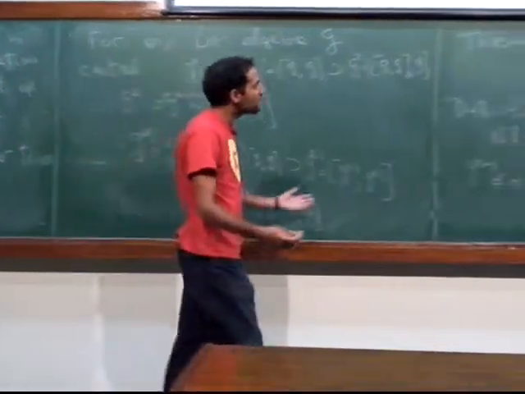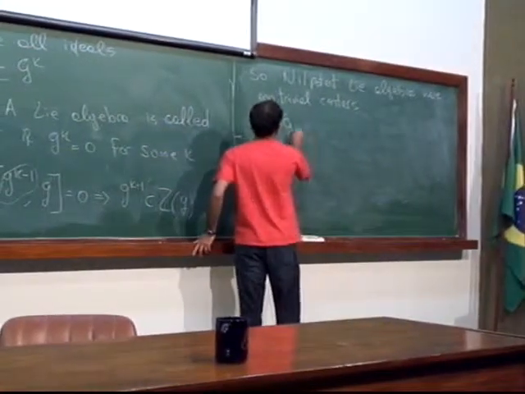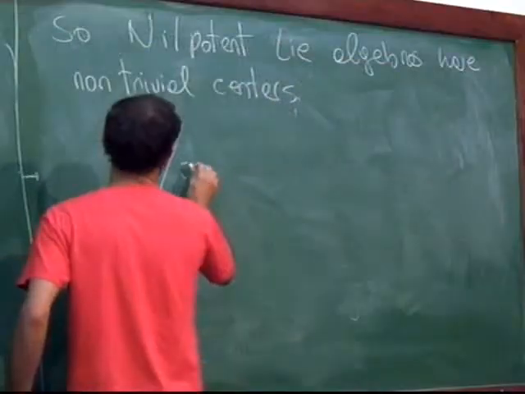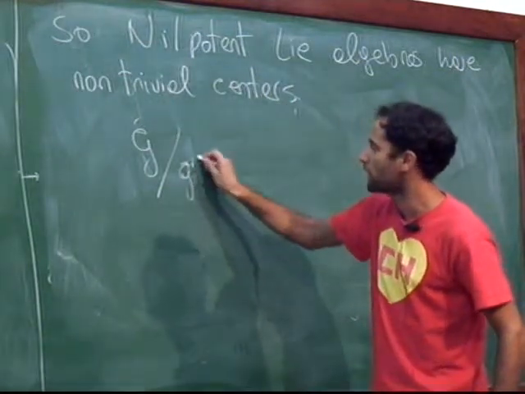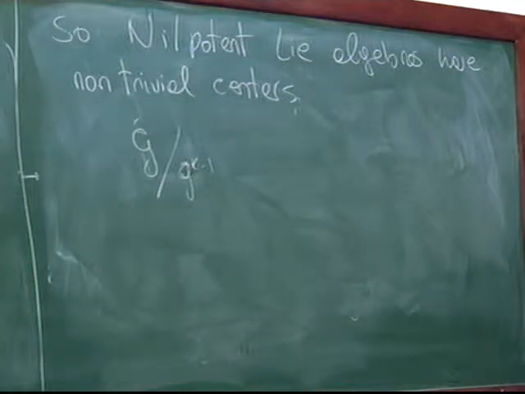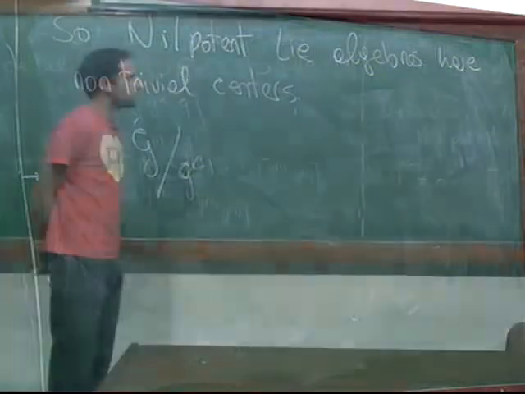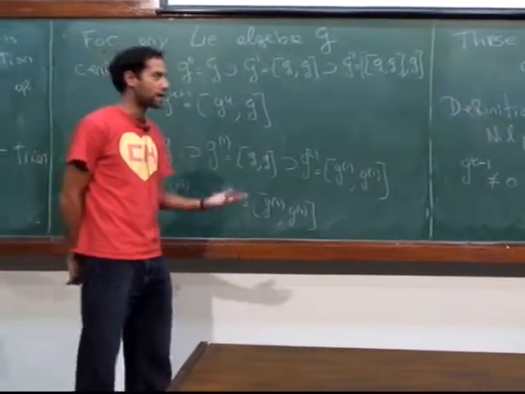But then, I mean, we can go on. This is an ideal, so we can just take G modulo the center. Or let's just take it modulo G^(k-1). And this guy is still going to be nilpotent. So we can play this trick and do the same thing of finding these bases that we did for upper triangular matrices.